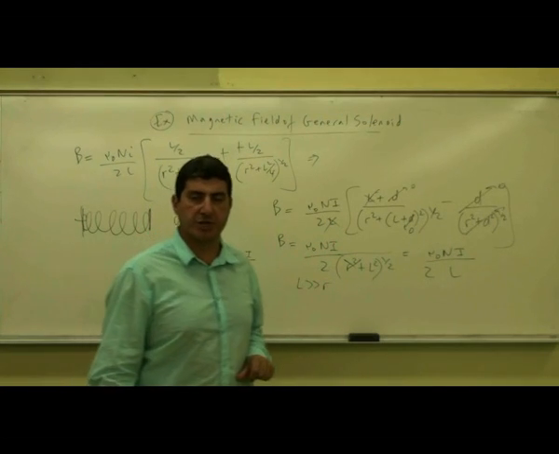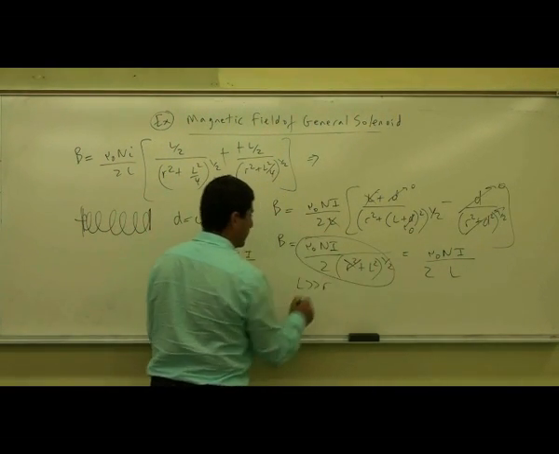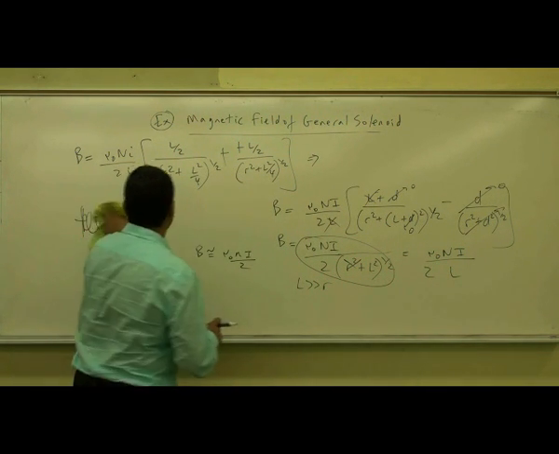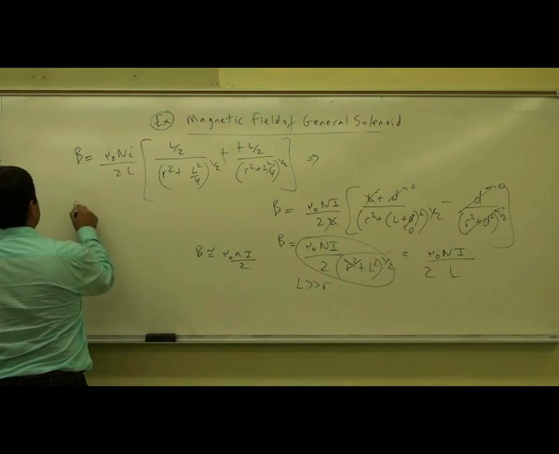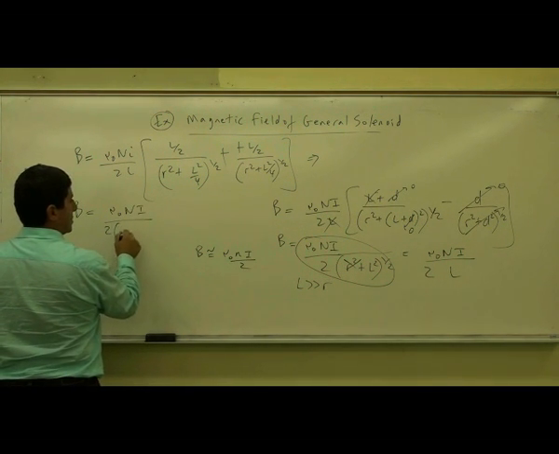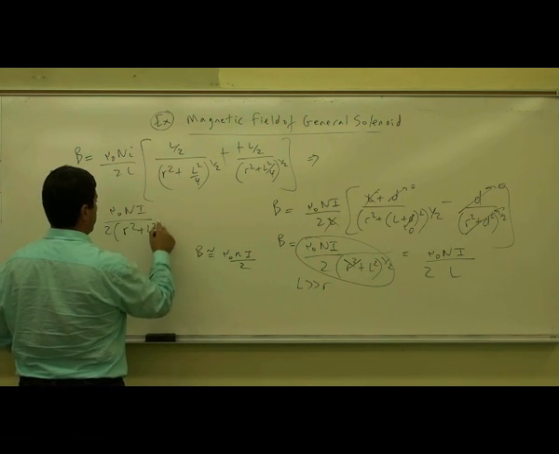Okay, so that's an approximation, because the general equation for the center of the solenoid was mu 0 Ni over 2 times R squared plus L squared over 4 to the 1/2.